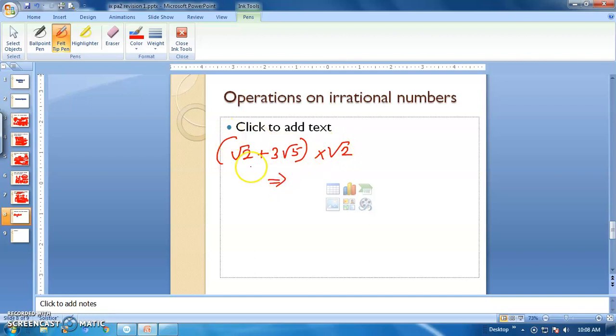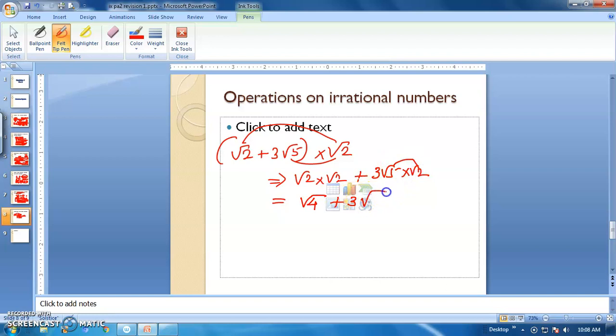The multiplication symbol is there over the bracket. Therefore you have to multiply this with what is inside the bracket, as usual. So when you multiply these two, root of 2 into root of 2 plus 3 root of 5 into root of 2. Now multiply. Root 2 both are the same irrational number, so we can multiply: root of 4 plus 3, here root 5 and root 2.